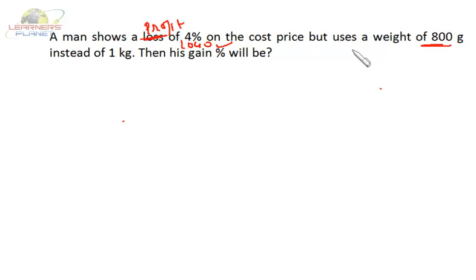That means on every 800 gram he is making a profit of 240 grams. Since he is paying for 800 grams only and he is making a profit of 240 gram on every 800 gram, his profit is 30%. So this is one case.